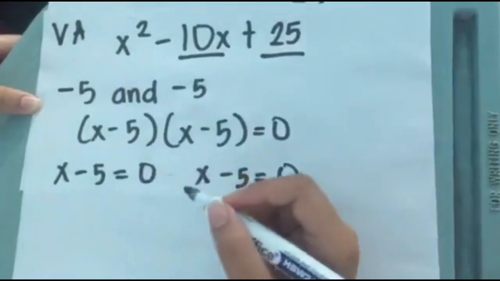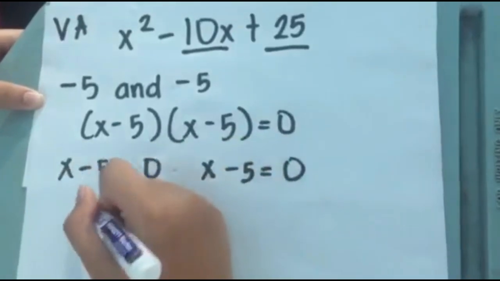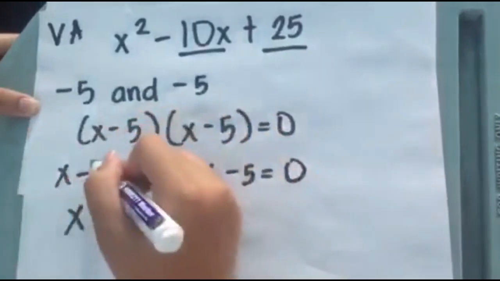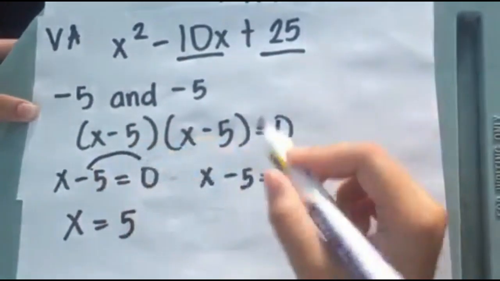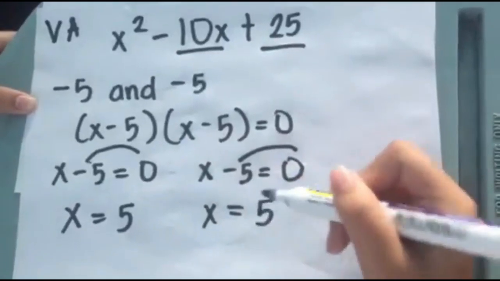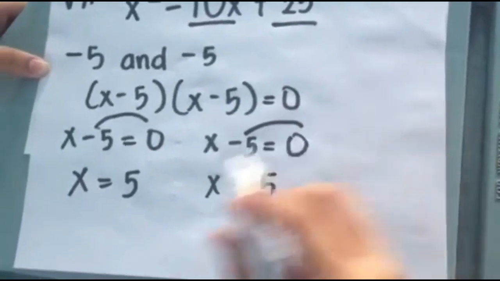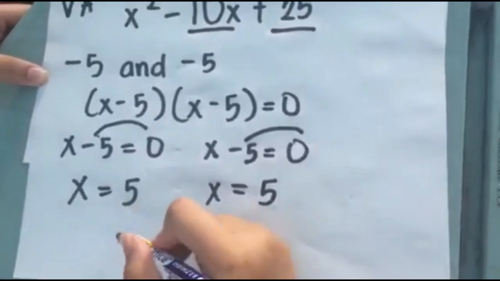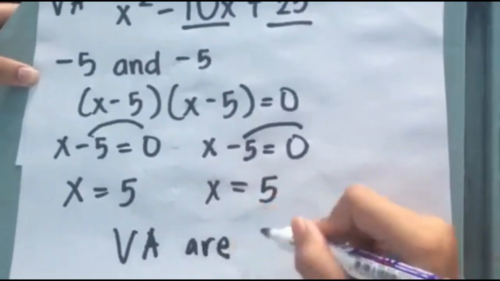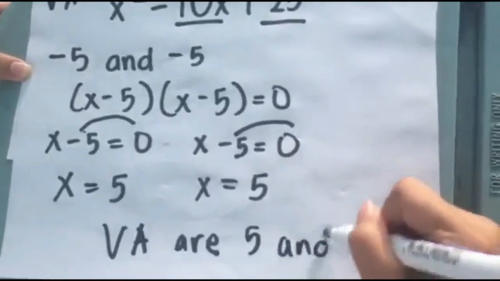Transpose negative 5 to the other side, and it will become 5. So the vertical asymptotes are 5 and 5.